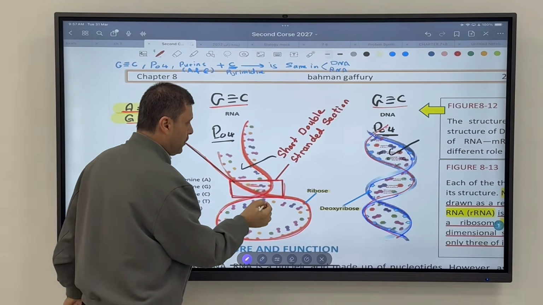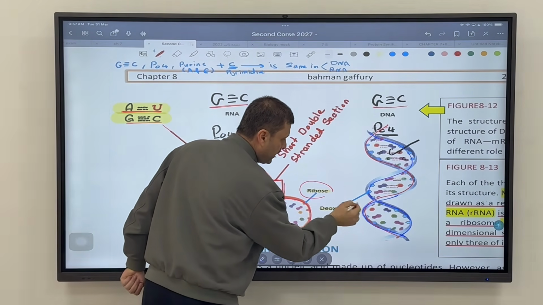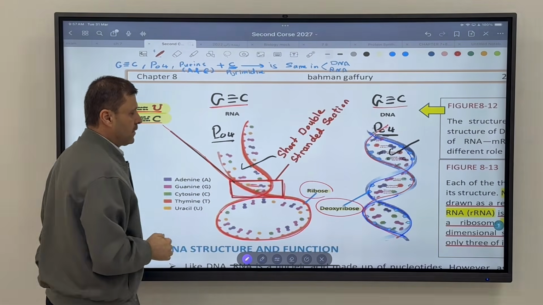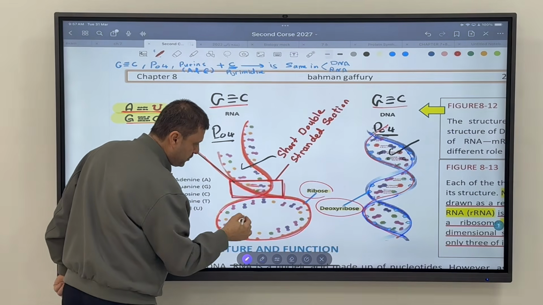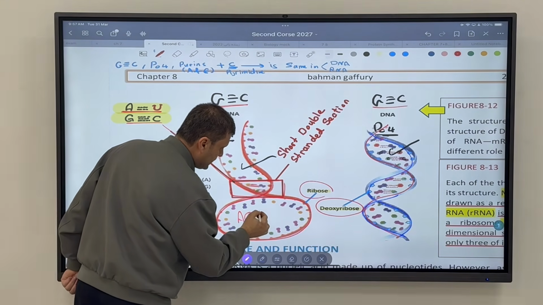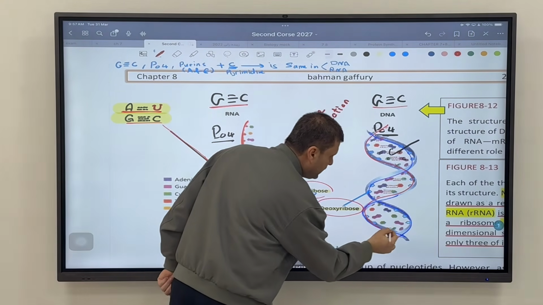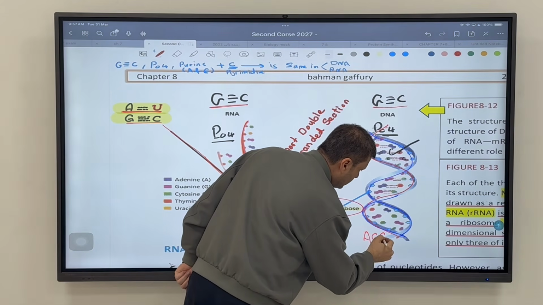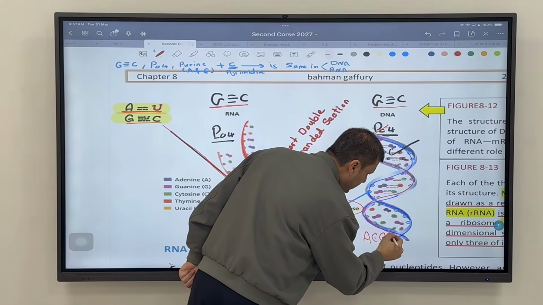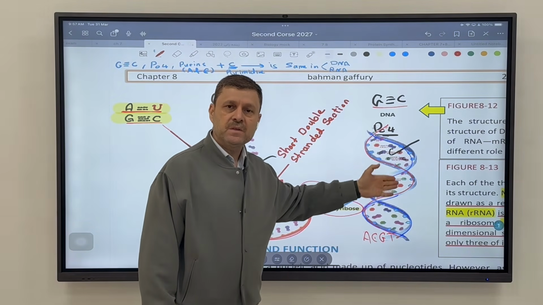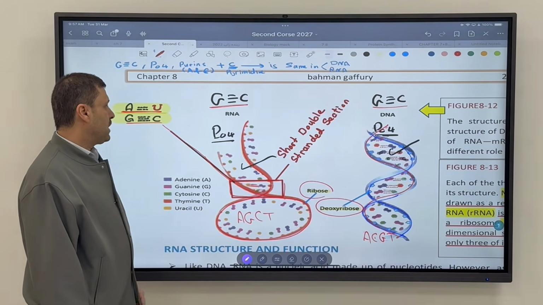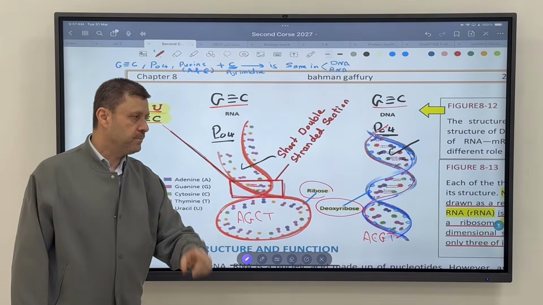The sugar in the RNA is called ribose, and the sugar in the DNA is called deoxyribose. Third, the RNA nitrogenous bases will be A, G, C, U, but in the DNA it will be A, G, C, T. Finally, DNA is very long, about 100 or even 1,000 genes, while RNA is very short, about the length of 1 gene.